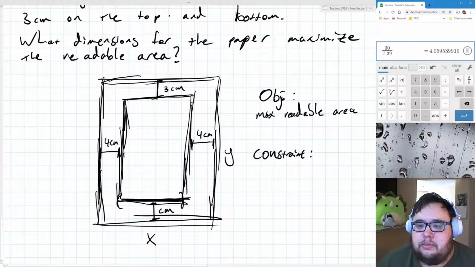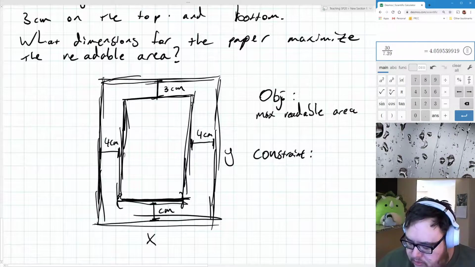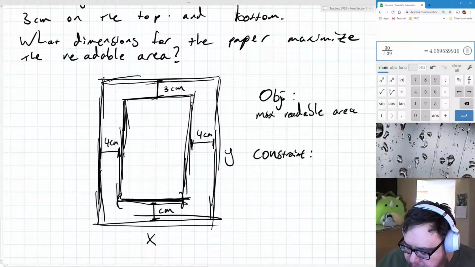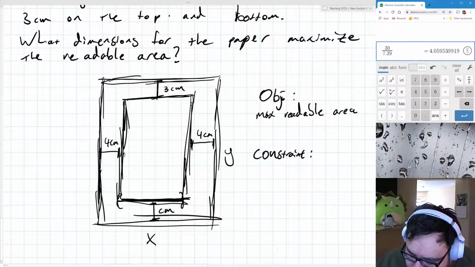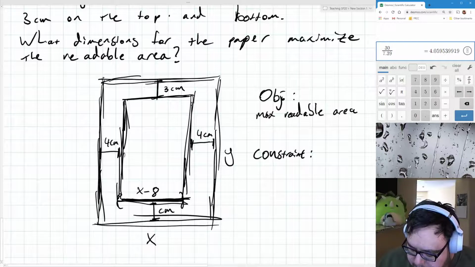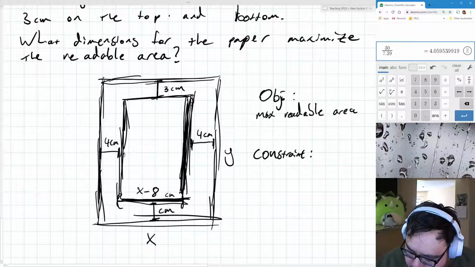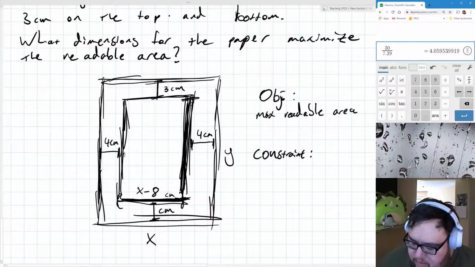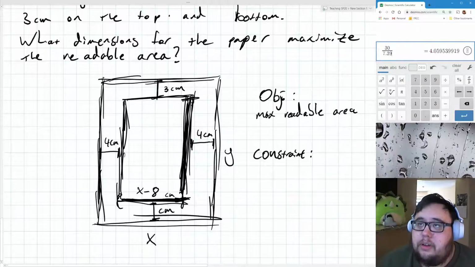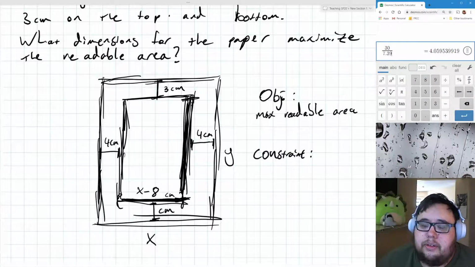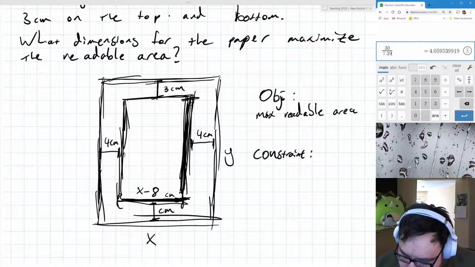Is it just x minus 8 centimeters? Yeah, because we've got 4 centimeters on the left and 4 centimeters on the right, so this must be x minus 8 centimeters. And what's this vertical distance here? y minus 6.